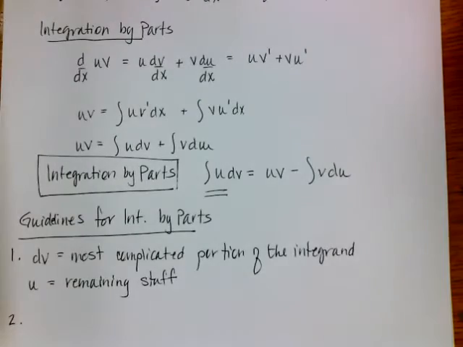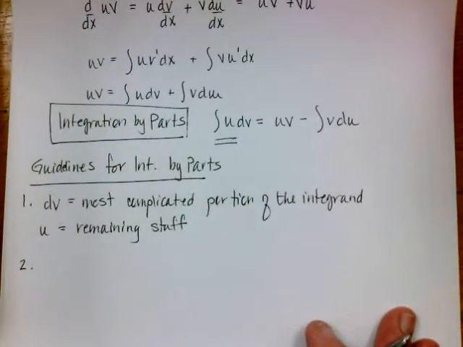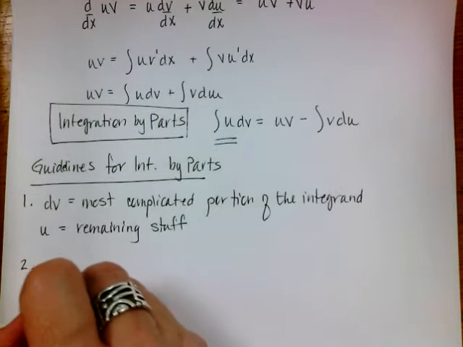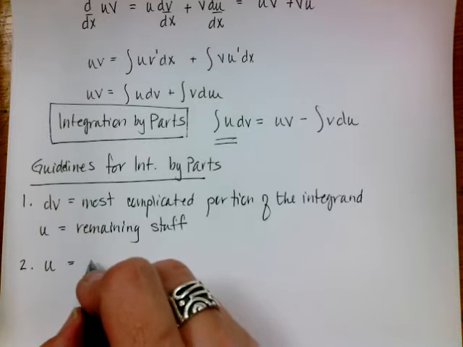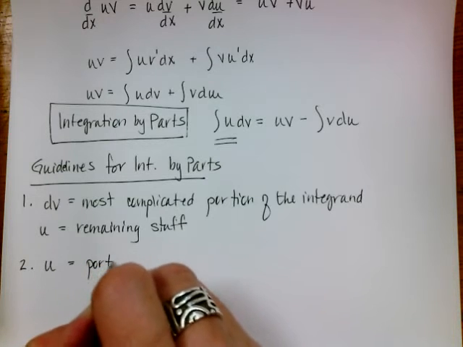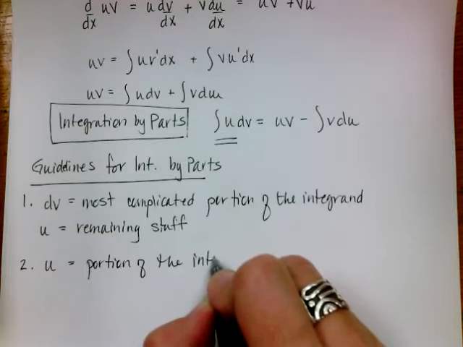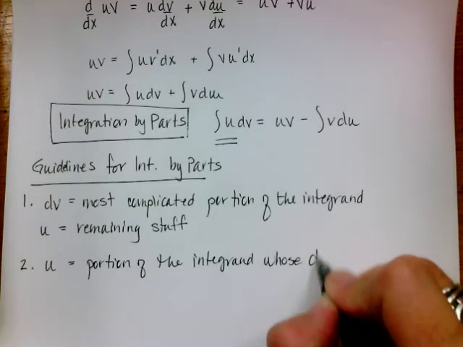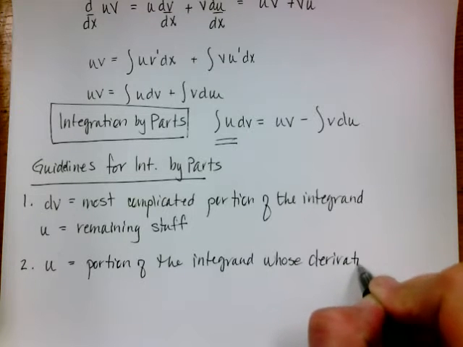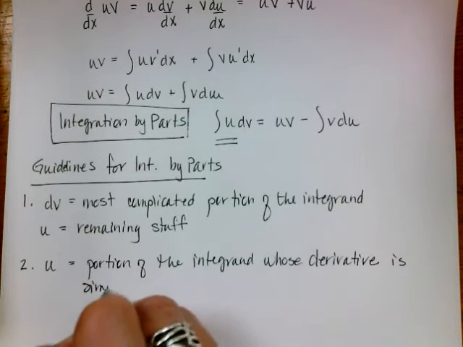And remember, sometimes just like with u substitution, you have to try things a couple of times to make sure that it works. We're going to let u be the portion of the integrand whose derivative is simpler than u, and I'm going to do lots of examples for us today.